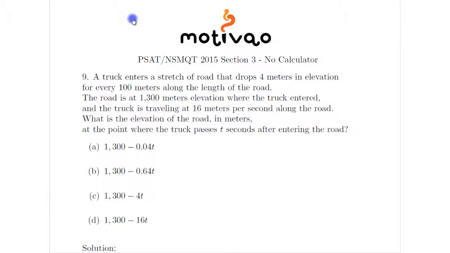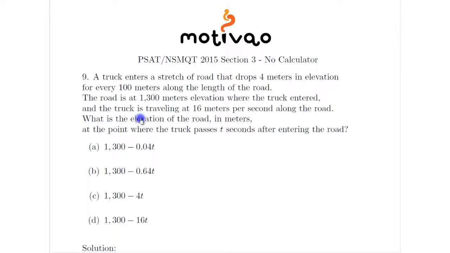Okay, in my personal opinion, this is the hardest question of the section, just because it requires a little bit of knowledge of physics and a lot of intuition. So how do we solve this?